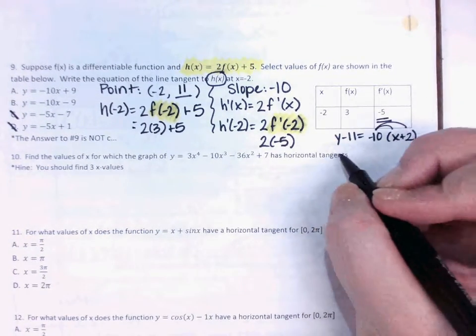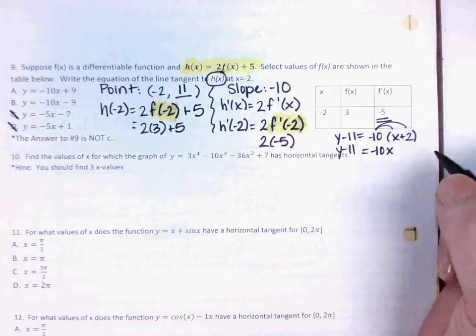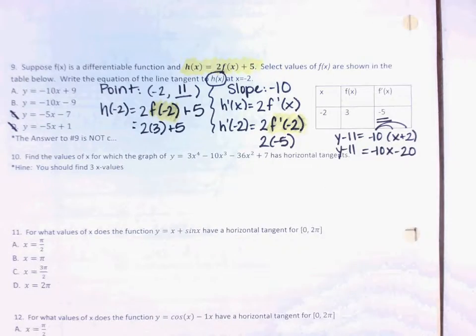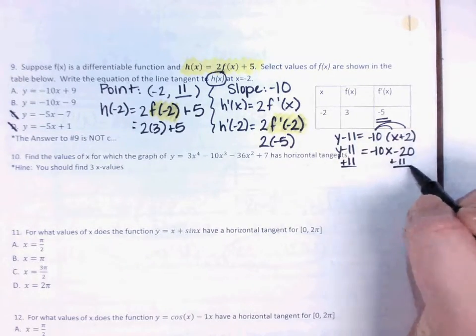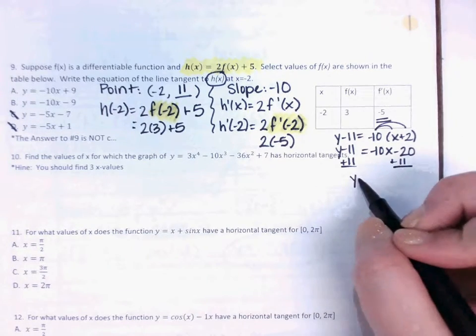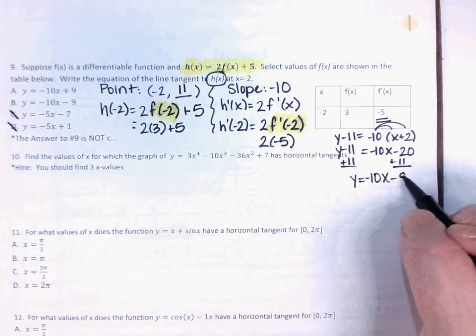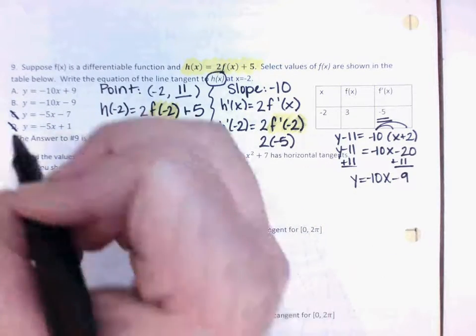What do I get? -10x plus or minus 20? Minus 20. Then how do I get rid of the minus 11? Plus it. -20 plus 11, what do we get? -10x minus 9. Answer choice B. Good?